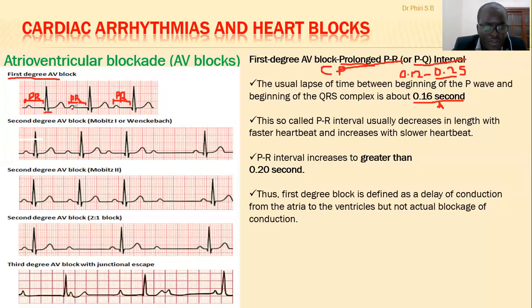You can see a P wave with a QRS complex, a P wave with a QRS complex, but there is prolongation of the PR interval beyond the normal range. So any PR interval greater than 0.2 that is consistent qualifies as first degree heart block. Okay, we are done with the first degree heart block. Let's go to the second degree heart block.